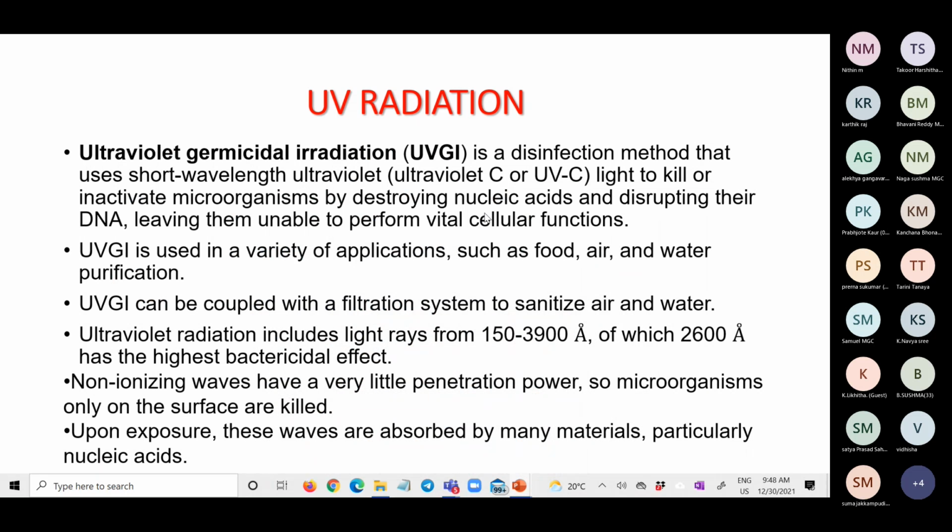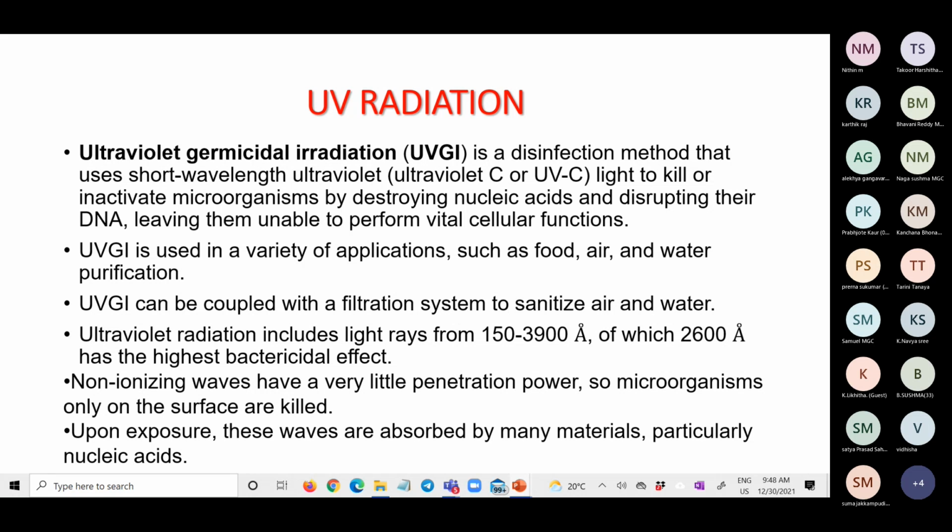So ultraviolet radiation, now we are doing the sterilization techniques by the radiation process. Okay. So in the radiation process, the first radiation that we are discussing, a non-ionizing radiation, is the ultraviolet radiation.